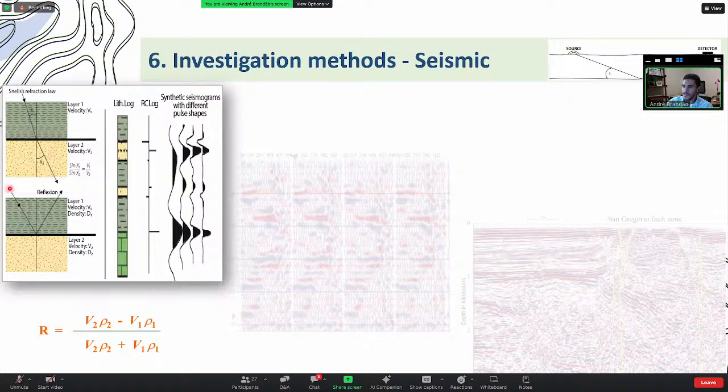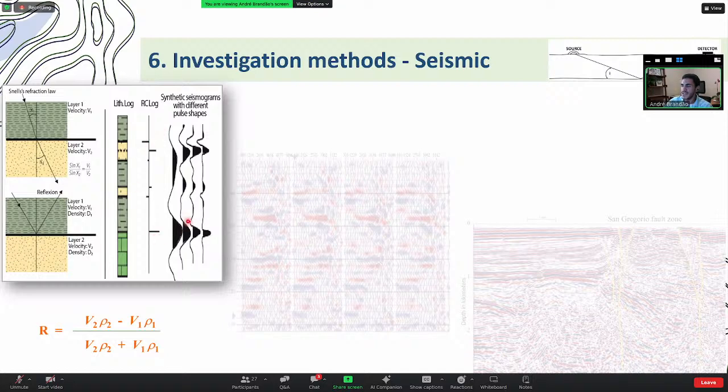And also part of the wave is reflected when it reaches these layers of different rocks with different densities. And we have this equation here. Basically, what it is saying is that the bigger the difference between the densities, the higher the amplitude, the intensity of the reflection of the seismic signal that is going to be recorded.